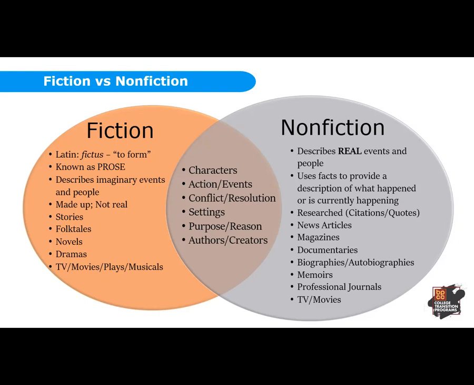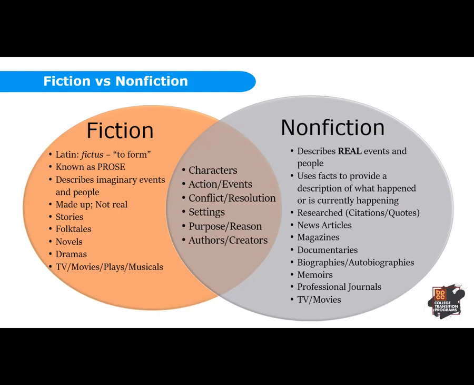And for us right now, we're looking at the differences and similarities between fiction and nonfiction. And this is important to us here at the very start of the semester because the answers to our who, what, when, where, why questions are different slightly depending on if the text we're being asked about is fiction or nonfiction. So it's important for you to be really sure you understand the difference.